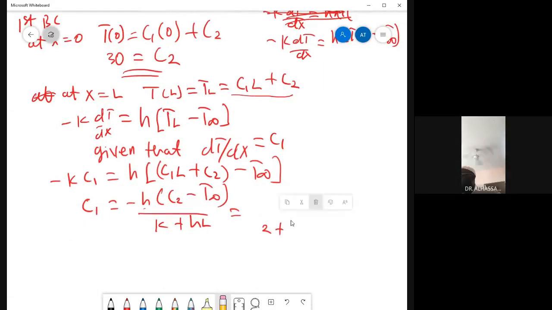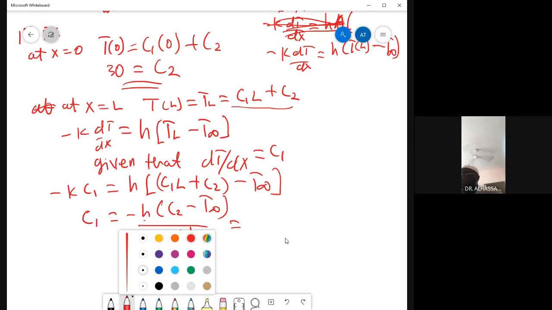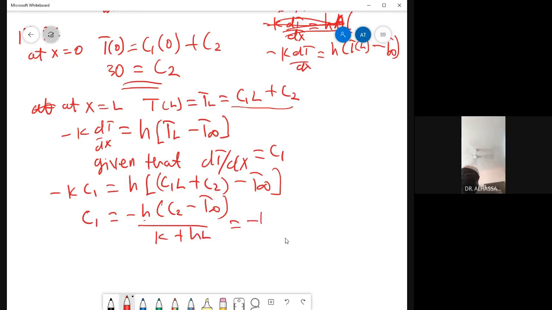If you put the parameters for C1 into the equation, you get minus 120. You get minus 120 like this. I don't have time to look into the details of this.